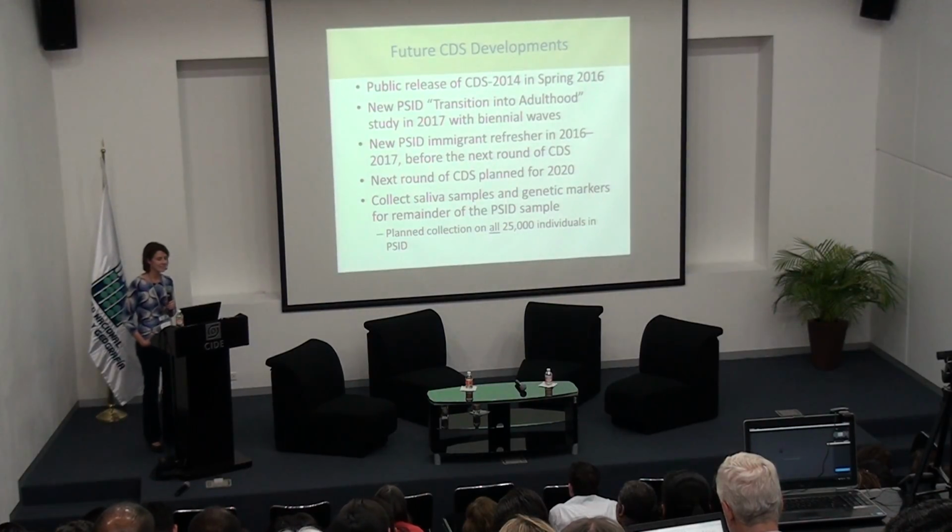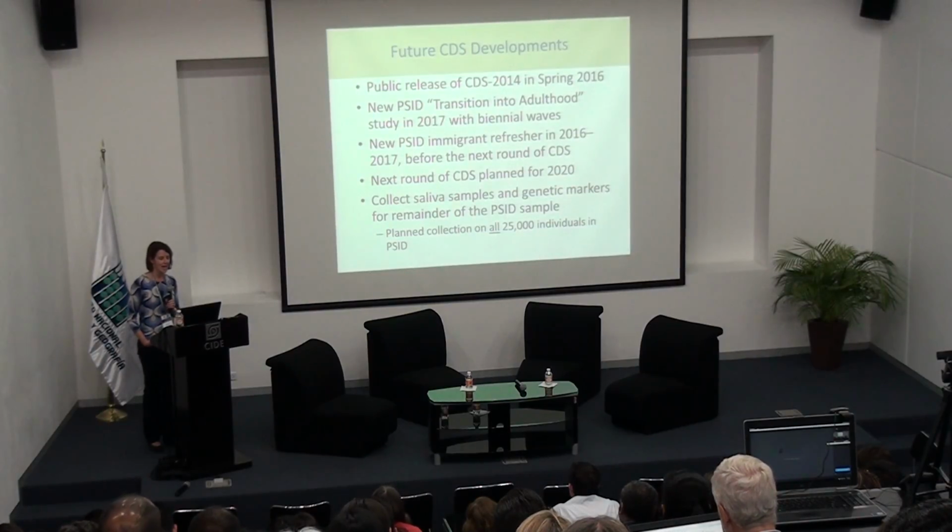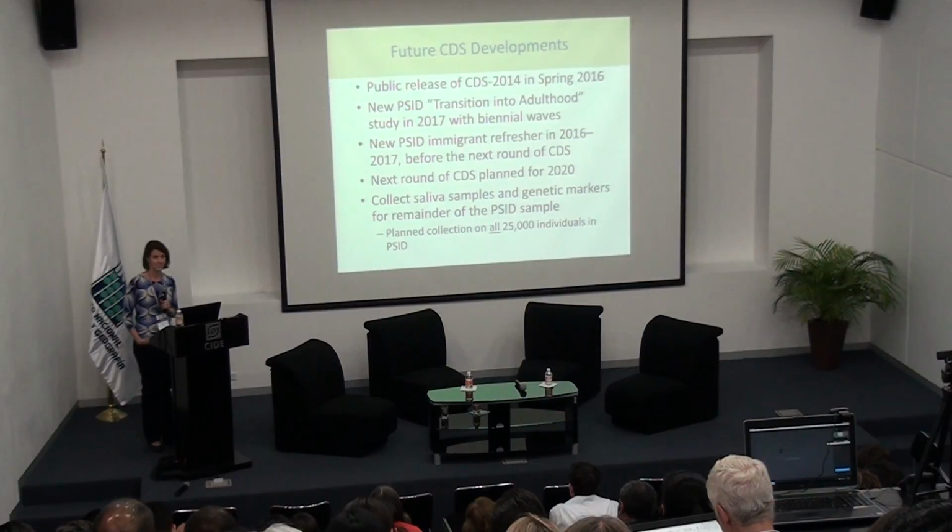We plan to conduct the next round of the Child Development Supplement in 2020. And our goal is to eventually collect saliva samples and genetic markers for the remainder of the studies including households that do not have children. So eventually have them all, 25,000 active individuals.